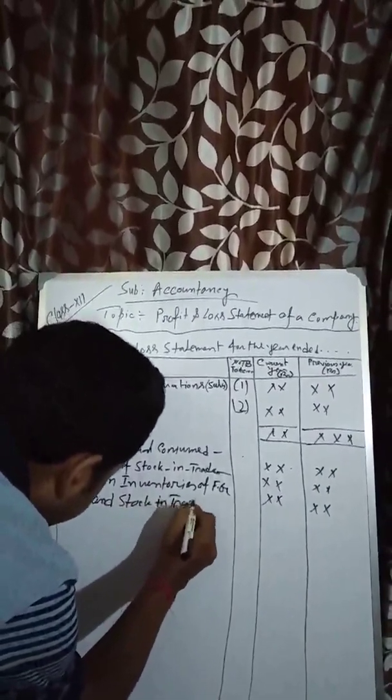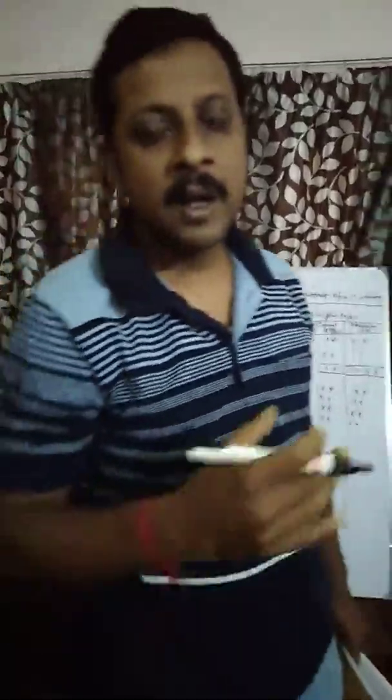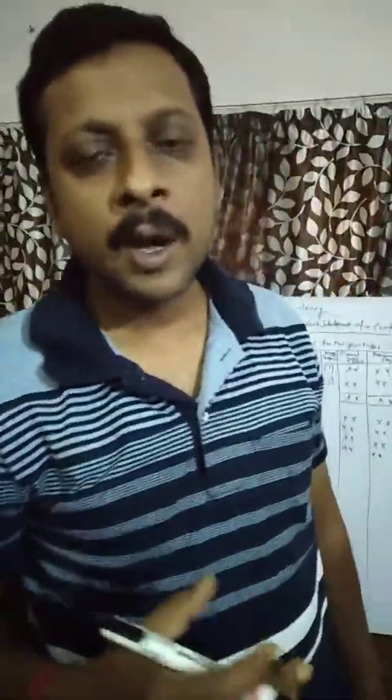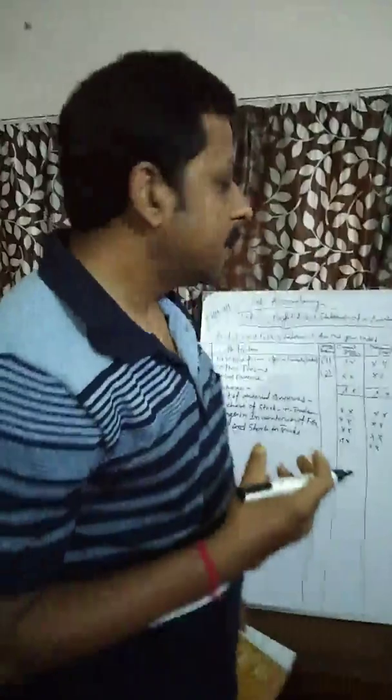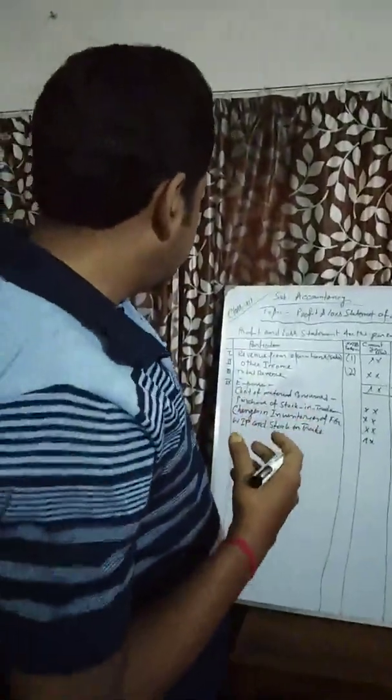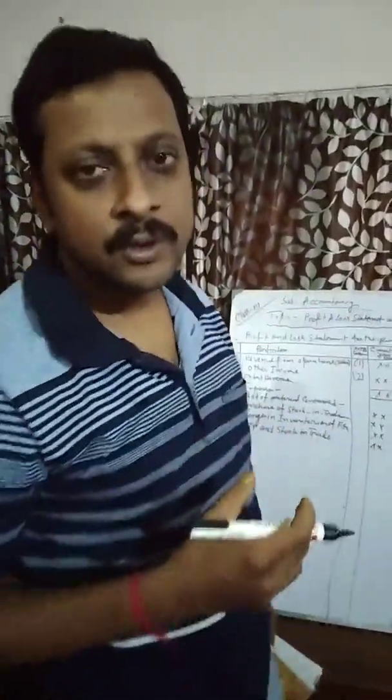WIP means work in progress. In the last class I already discussed how we can measure or calculate the WIP stock, and stock in trade means your closing stock of the goods being traded.